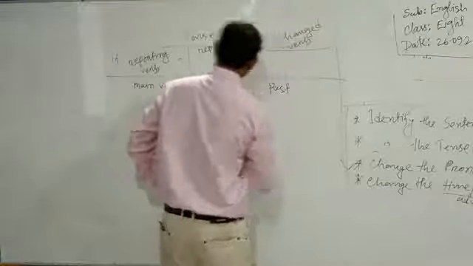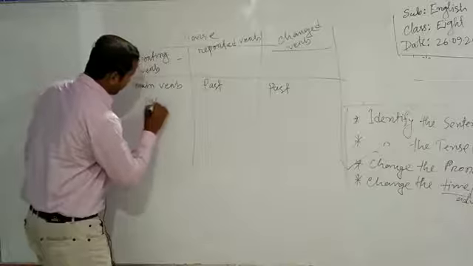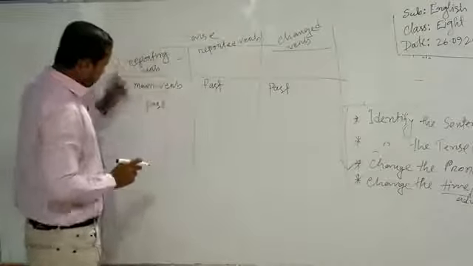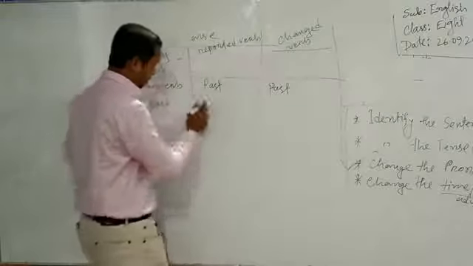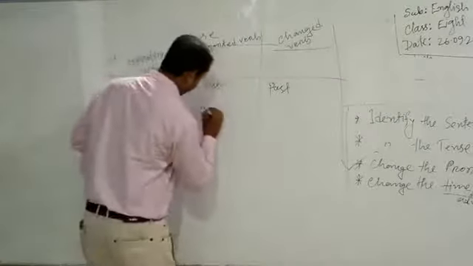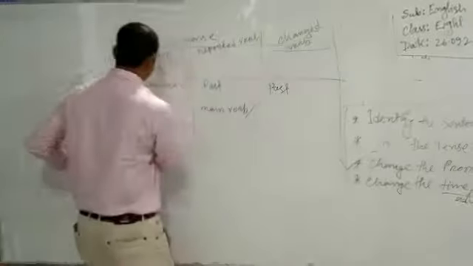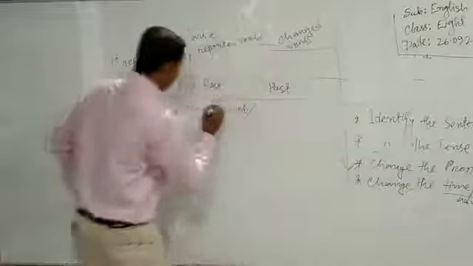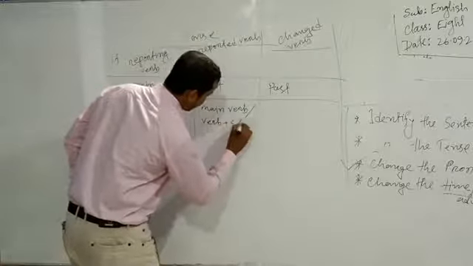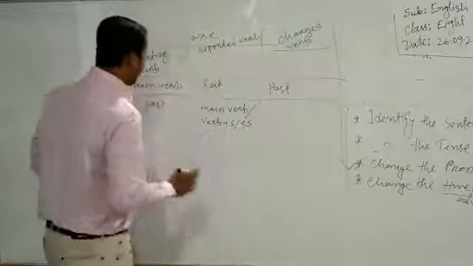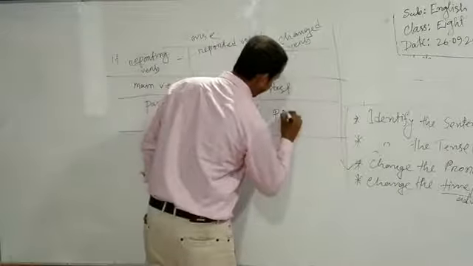Second one, if the reporting verb is past and the verb in reported speech is main verb or verb plus s or es, then the verb will be changed into past.